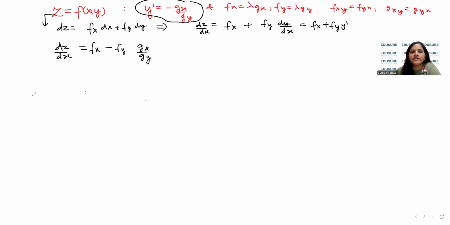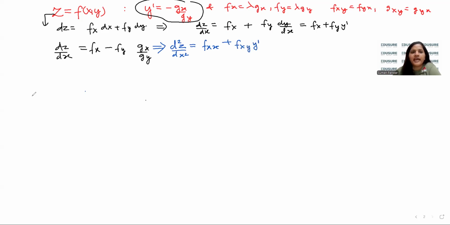So when we again differentiate, what is going to happen? d square z by dx squared. We will again differentiate: fxx, then we will get fxy y dash.